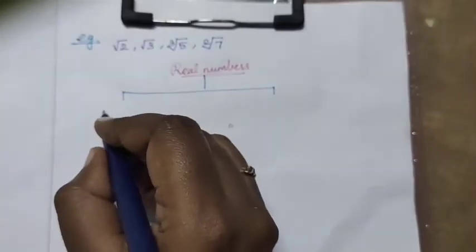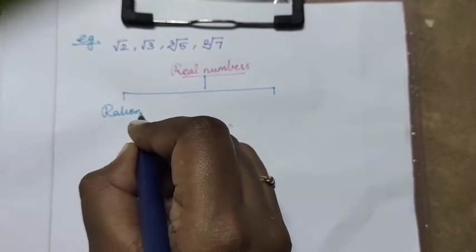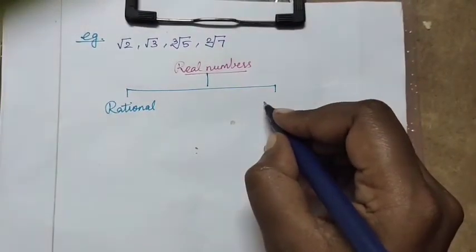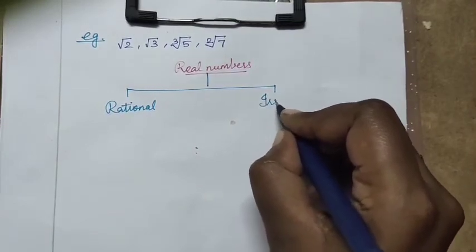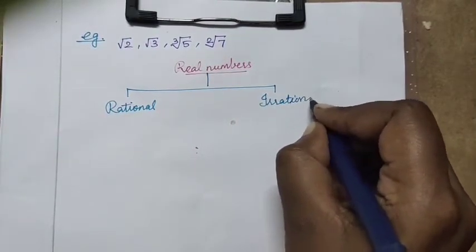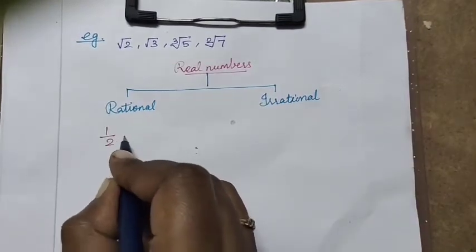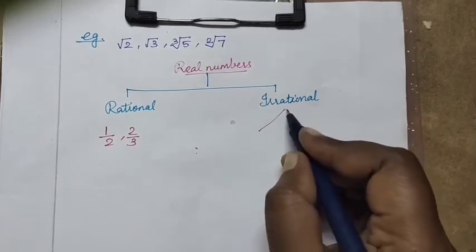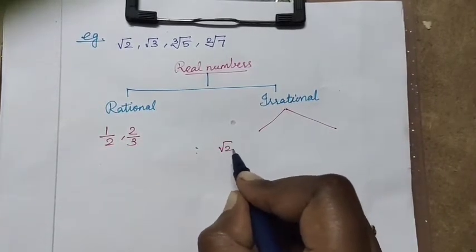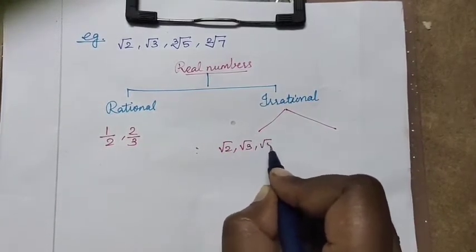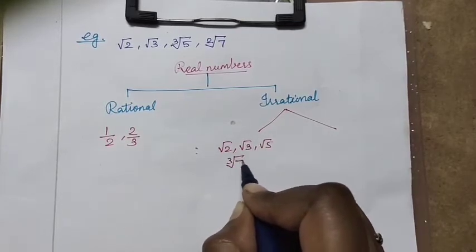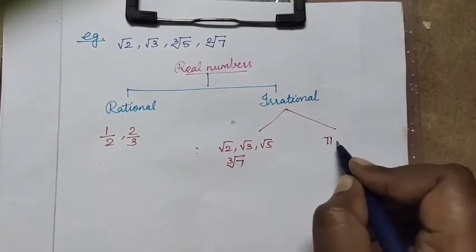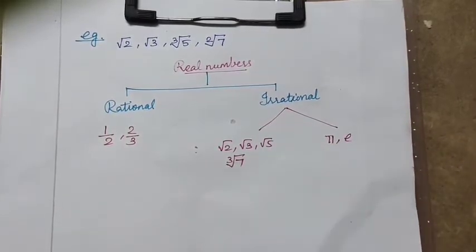They are rational and irrational. 1 by 2, 2 by 3, these are rational numbers. Irrational numbers are root 2, root 3, root 5, cube root of 7, etc. Here pi, e are also irrational numbers.